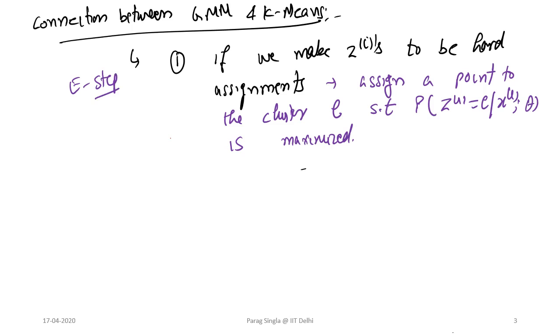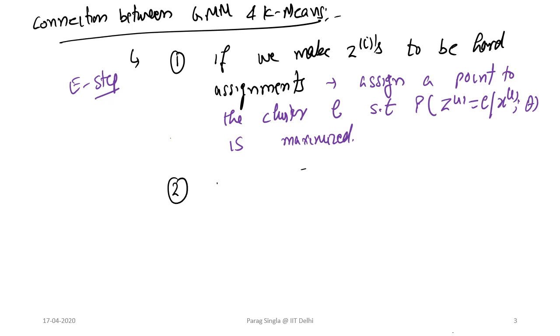In the E step in GMM, instead of doing the soft assignment, you assign each point to that cluster for which the probability of Zi equal to L, given the point and parameterized by the current set of parameters, is maximized. So instead of a soft assignment, you do a hard assignment.